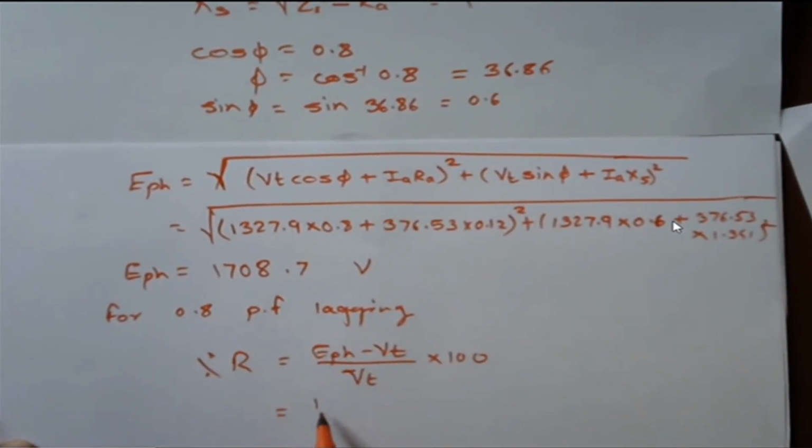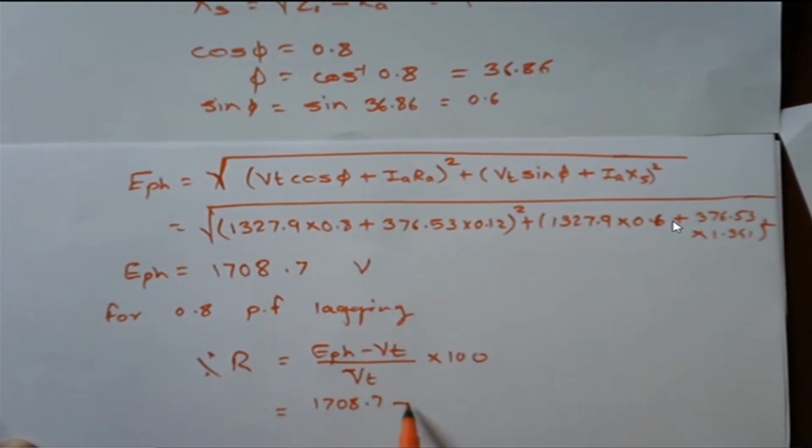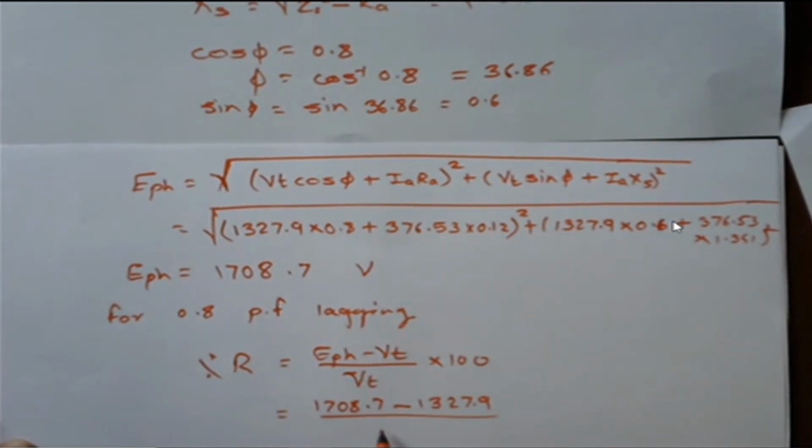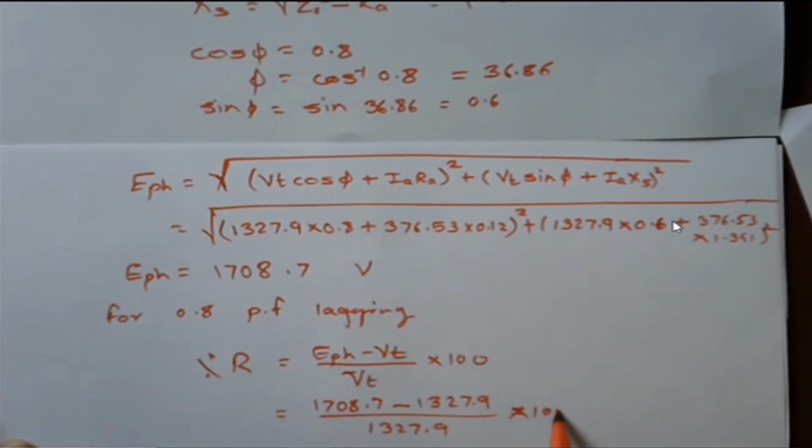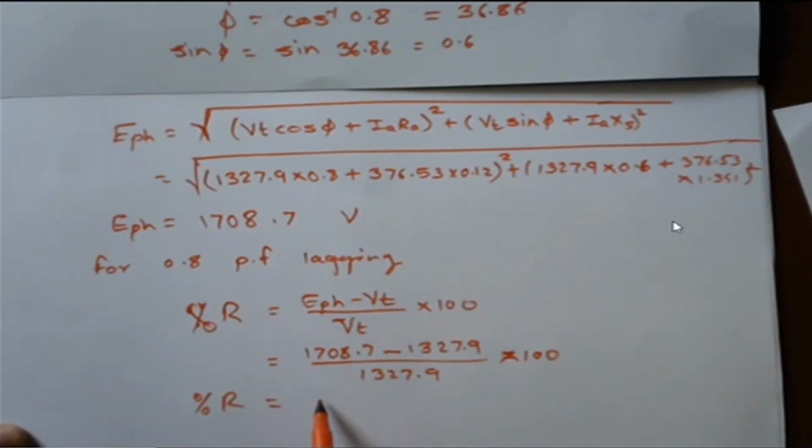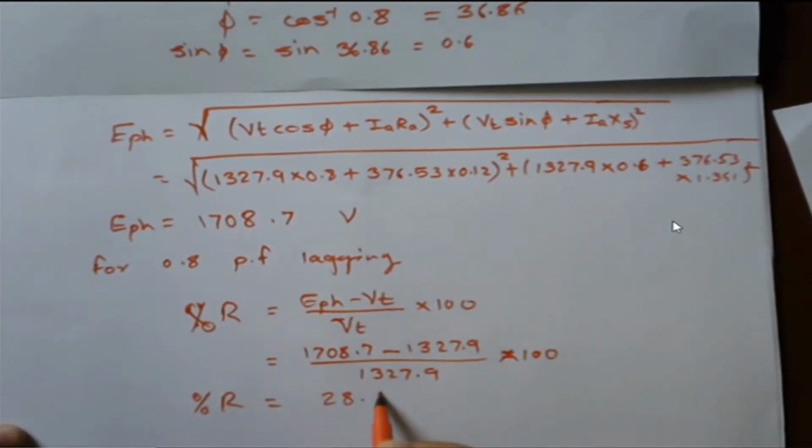EPH is 1708.7 minus Vt 1327.9, divided by 1327.9, into 100. So percentage voltage regulation is equal to 28.66%. So this is nothing but the voltage regulation. We will solve another numerical.